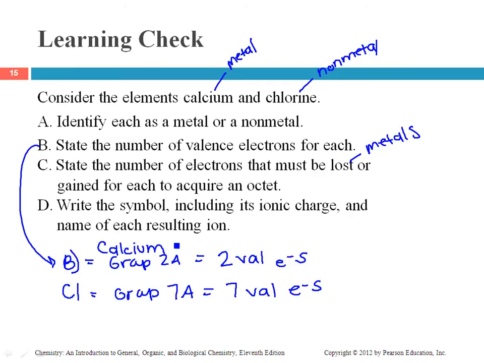It's our metal, so it's going to lose electrons. Since it's in group 2, it's going to have to lose 2 electrons to be like the nearest noble gas, argon. So it's got 2 valence electrons, and it must lose 2.